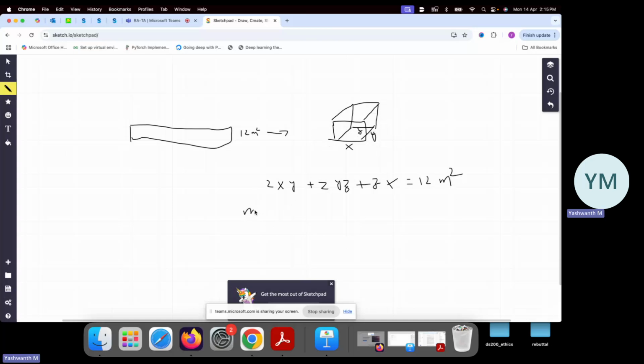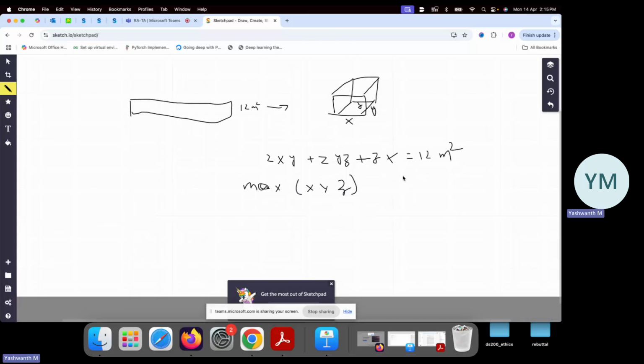But then we want to maximize the volume of this thing, which is nothing but xyz. So this can be solved using Lagrangian, and it is a bit lengthy.